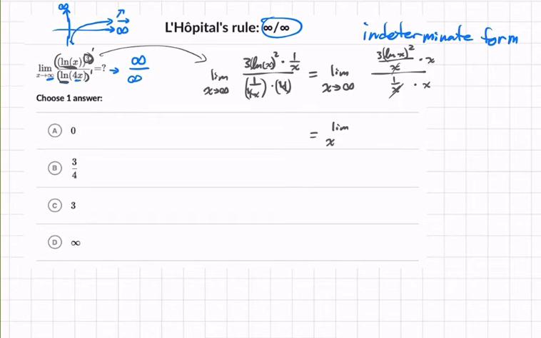The limit as x approaches infinity of 3 natural log of x raised to the second power equals what? Now, this isn't a very satisfying answer because we kind of have the same scenario as before. We have a natural log function right here, and we know what a natural log function looks like. It looks like this.